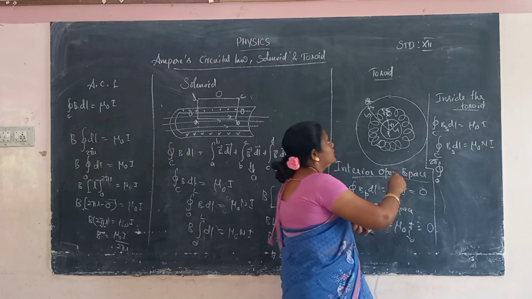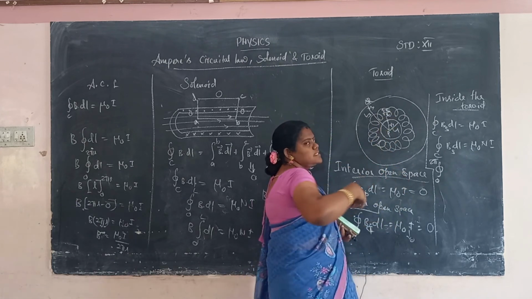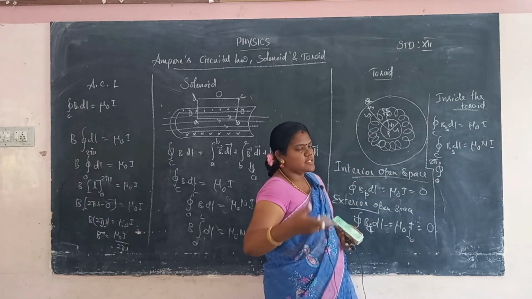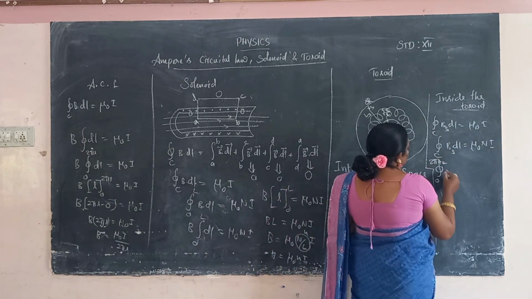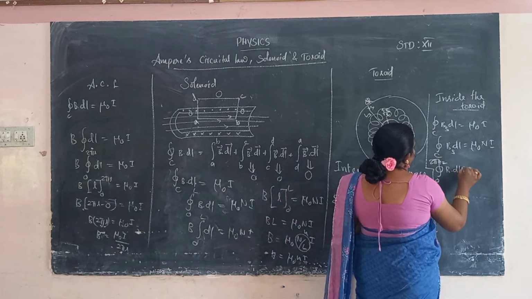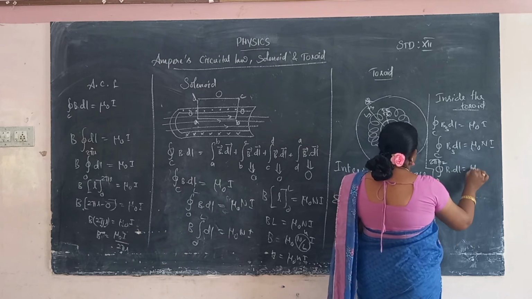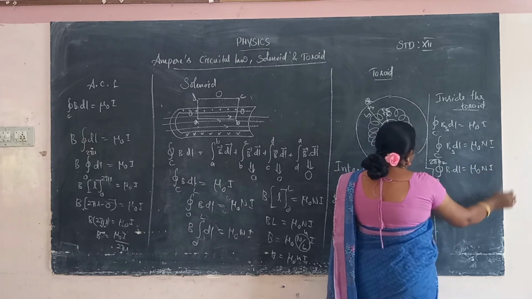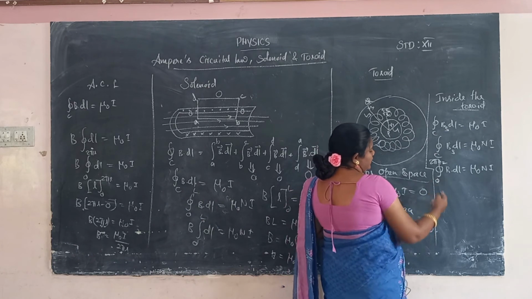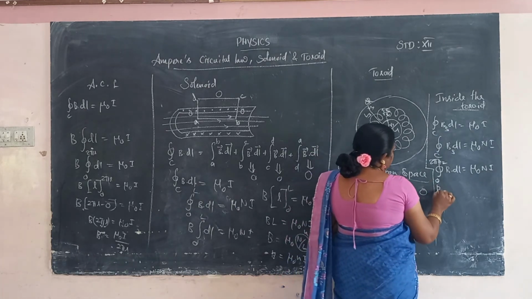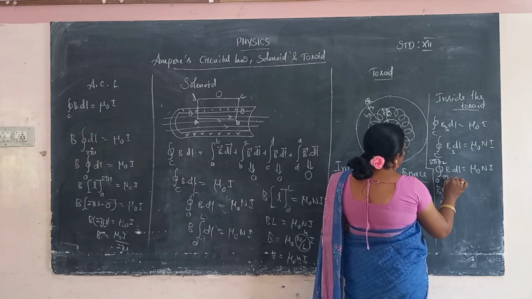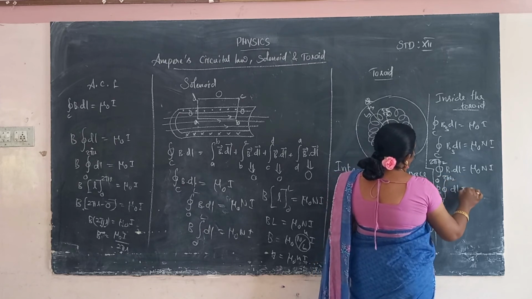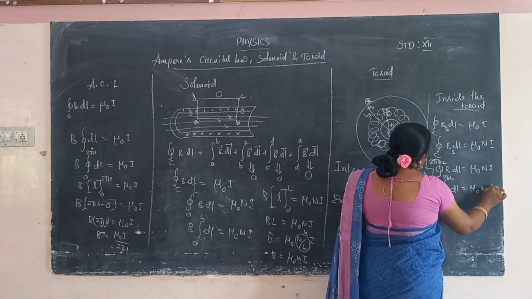R2 is the radius inside the toroid, considered as a circular form. So the integral from 0 to 2 pi R2 of B dl is equal to mu naught n into I. B is taken outside the integral, and the closed integral of dl from 0 to 2 pi R2 is equal to mu naught n I.